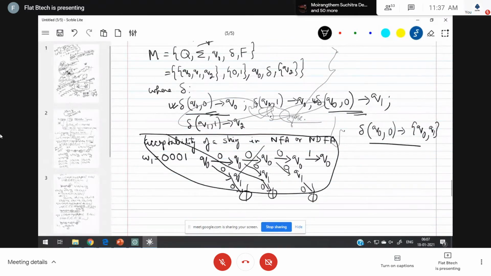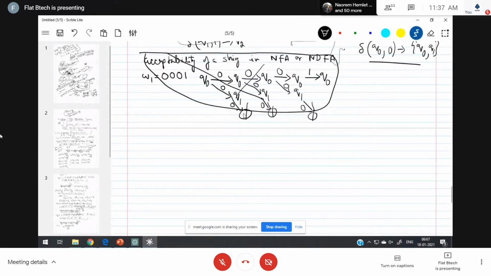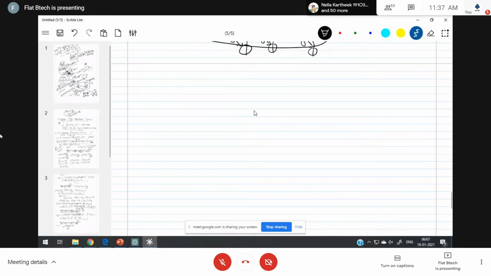And then for checking the string, let me start in the next page. It's quite confusing for me. Instead, let me just draw the diagram in a very smaller version. 0 comma 1, 0, Q1, 1, Q2. Now let me start for the Q1. What was that? 0001.